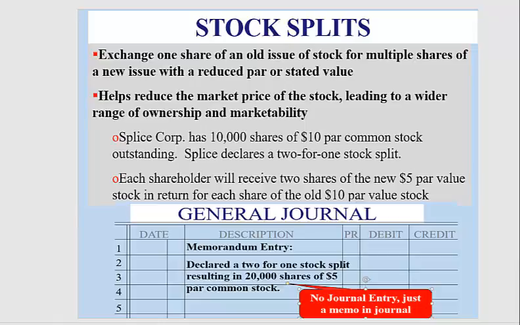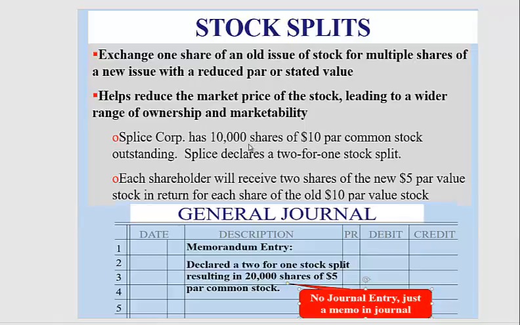So let's look at an example of a stock split. Splice has 10,000 shares of $10 par common stock outstanding. Splice declares a 2-for-1 stock split. This means that Splice is taking back the 10,000 shares it has outstanding and is going to issue 20,000 shares in its place.